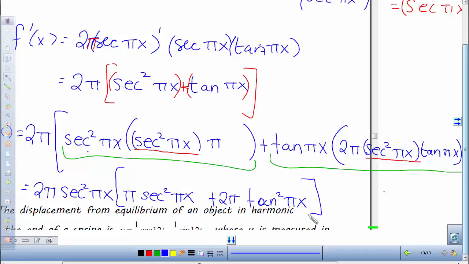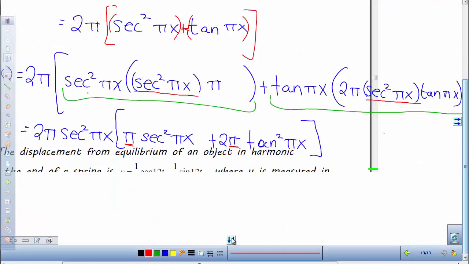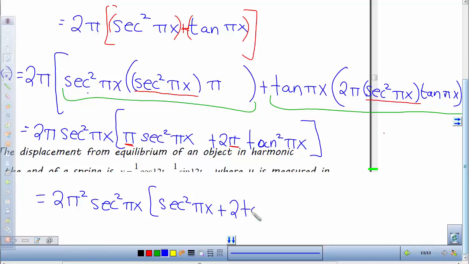If I wanted to go one step farther, I could factor out pi's. And so we would end up with 2 pi squared secant squared pi x times secant squared pi x plus 2 tangent squared pi x. And that's the end of it.